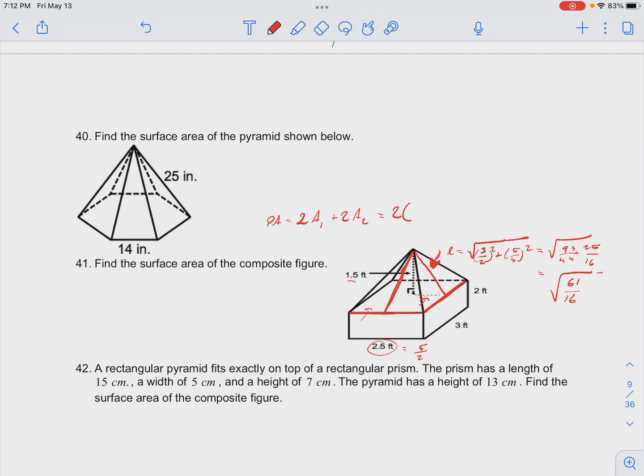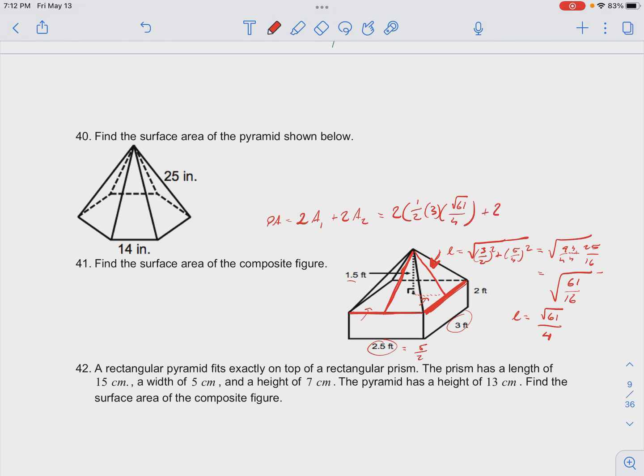So pulling 16 out from under the square root, we have the square root of 61 over 4 as the slant height for this triangle. So the area of that triangle will be 1/2 of its base, which is given by this length here, 3 feet, times its slant height, which is the square root of 61 over 4.